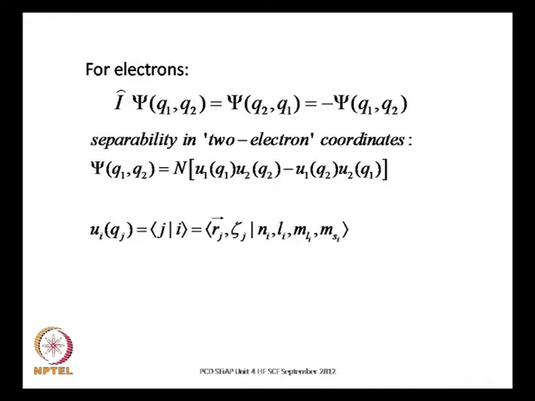So, the arguments q_j are a set of these 4 coordinates, and the subscripts are the 4 good quantum numbers. Okay, that is the notation. Now, it is important to recognize that we are treating the 2 electrons as indistinguishable.